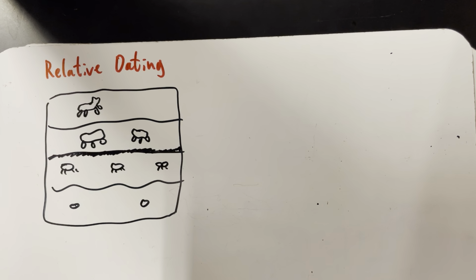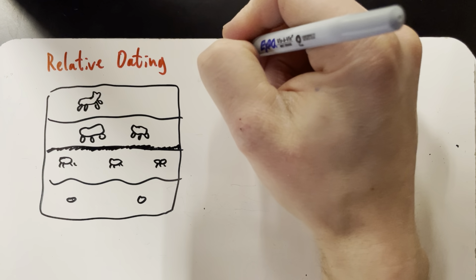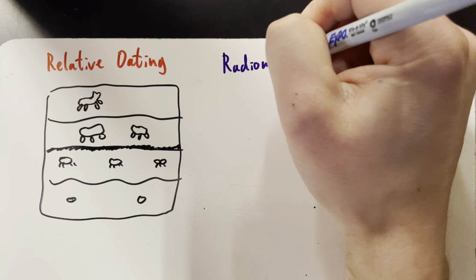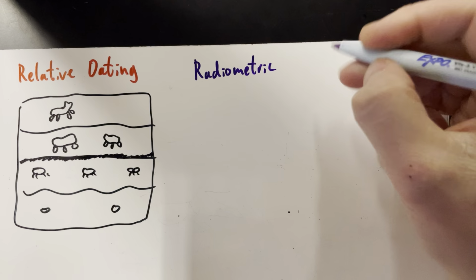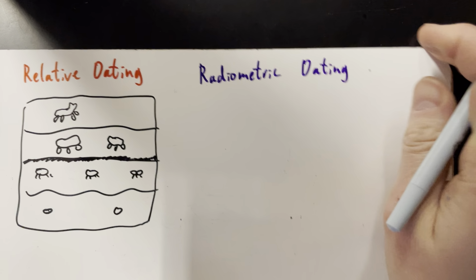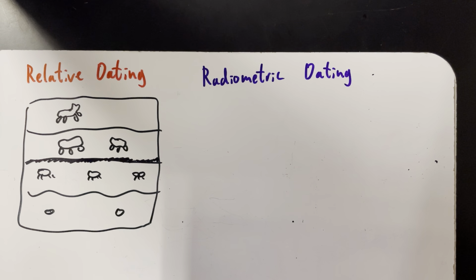And then the other one was carbon dating, which is a type of radiometric dating. In radiometric dating, you have radioactive isotopes that decay.